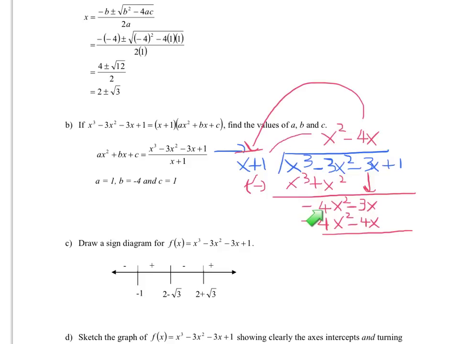This subtract this will be 0. You see the rationale there? We want to eliminate the negative 4x squared. So we choose something that when we multiply with x gives us this term, which cancels out this. And the minus 3x minus negative 4x becomes plus x.